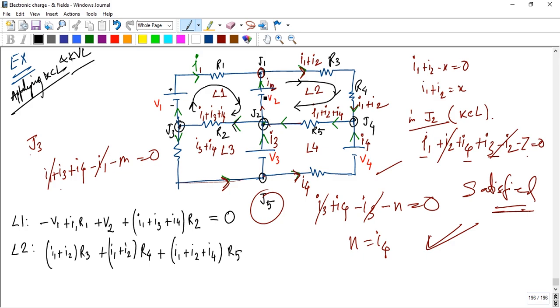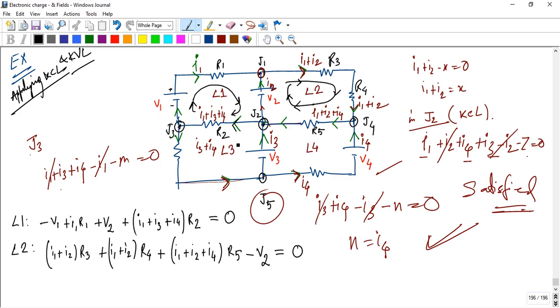And here the current through these two internal terminals goes from plus to minus, which is the opposite of our direction, so minus to plus, so minus V2, equal to 0. That's the KVL equation of loop 2.